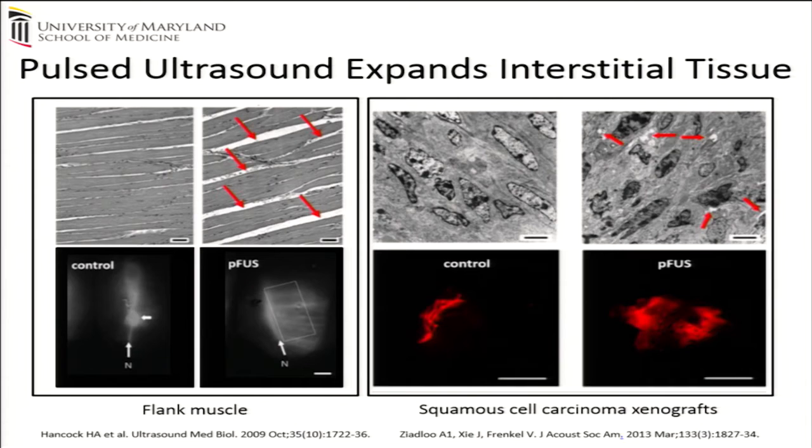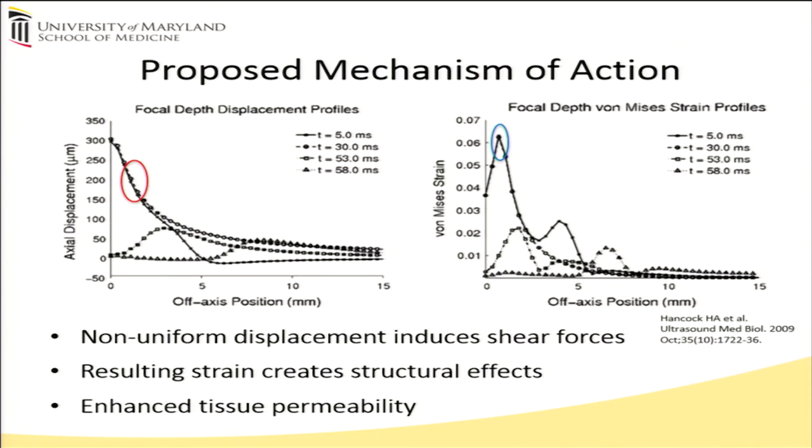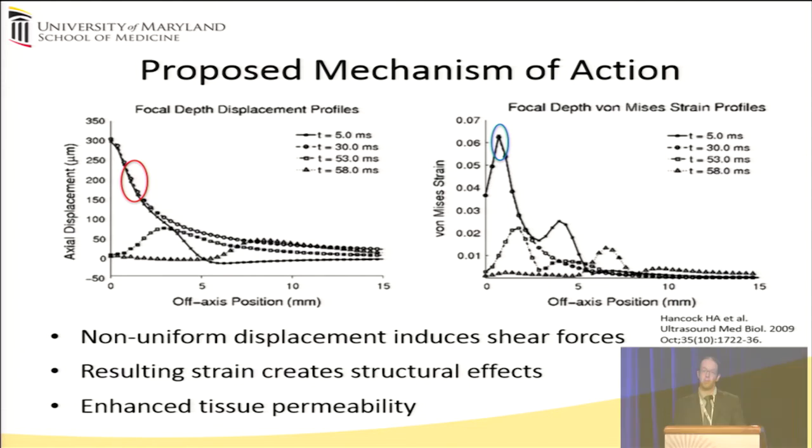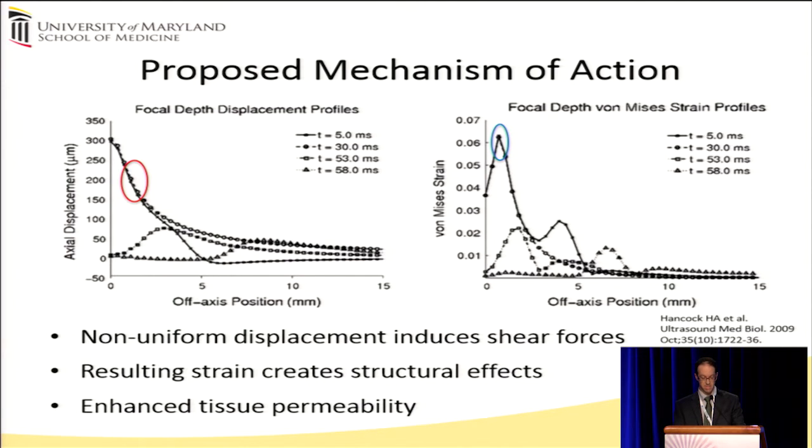We've previously seen that by delivering therapeutic ultrasound in pulses, you can widen the extracellular spaces in tissues ranging from flank muscle to tumor xenografts. These effects are reversible, but allow locally delivered and systemically delivered nanoparticles to achieve larger volumes of distribution. The theory is that the radiation forces that are produced during sonication cause maximal tissue displacement at the focal point, with significantly less displacement immediately adjacent to it.